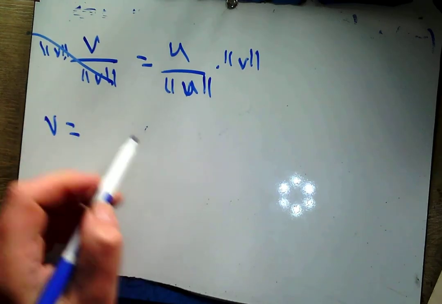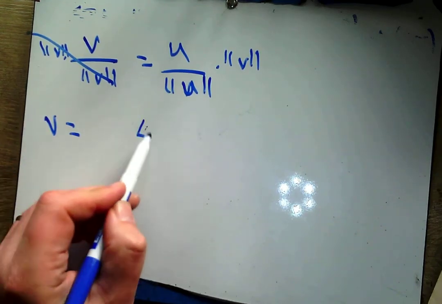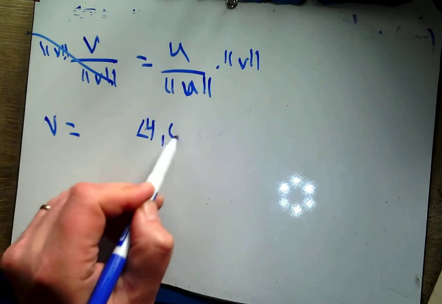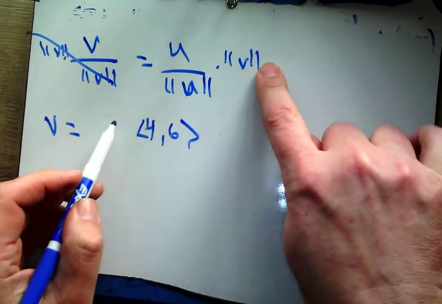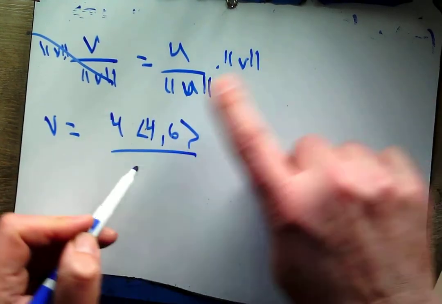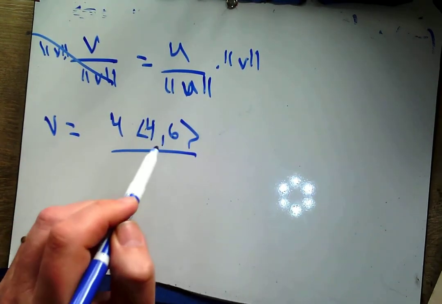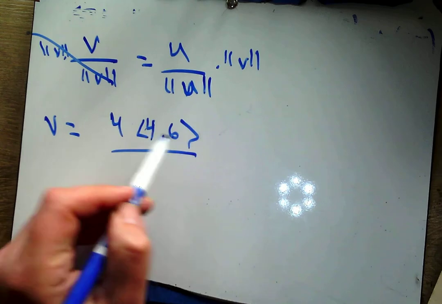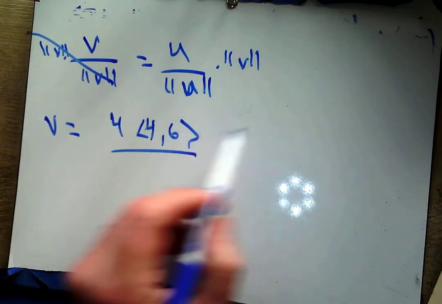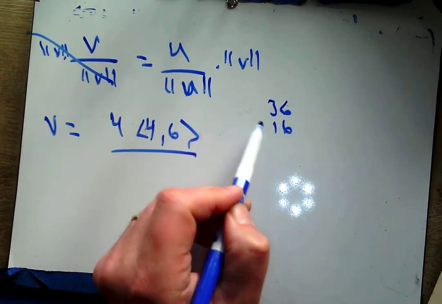So v is going to be u times the magnitude of v over the magnitude of u. Well, to find the magnitude of u, I have to use the Pythagorean theorem. It's 36 and 16.